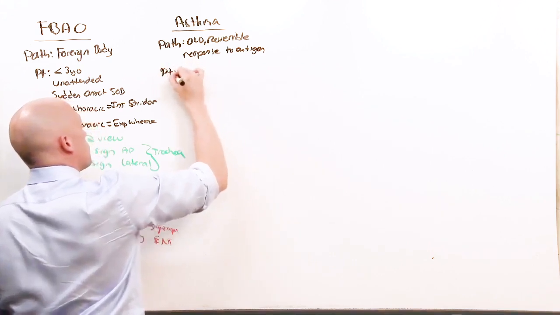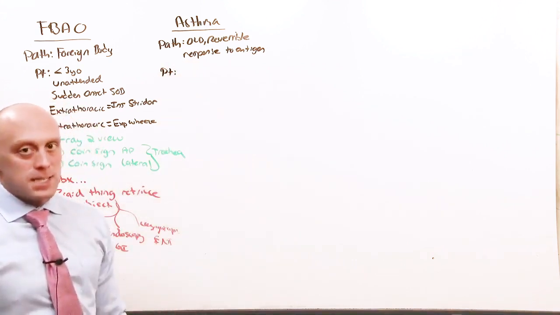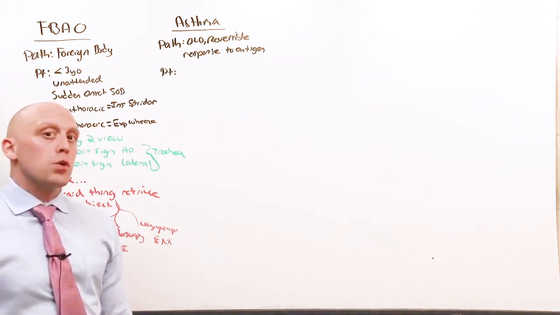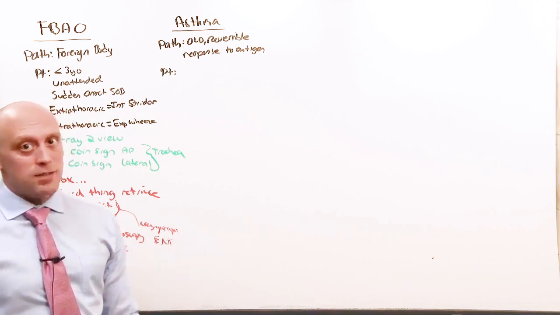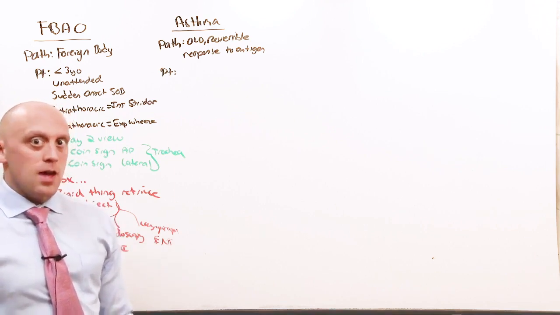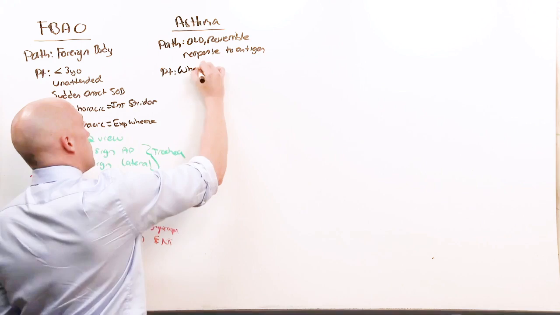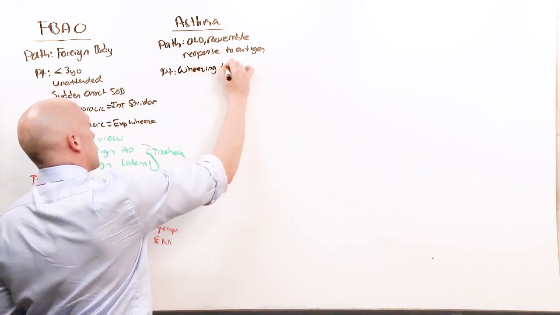Most of the time, the patient is not in an asthma exacerbation. They're normal, but they're going to report to you the number of times that they have these asthma attacks. And so what they're going to complain of when they happen is wheezing and dyspnea.